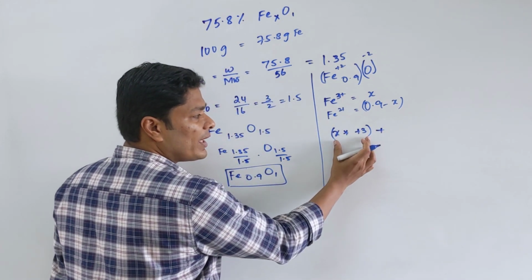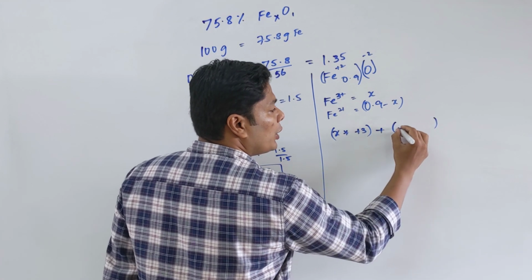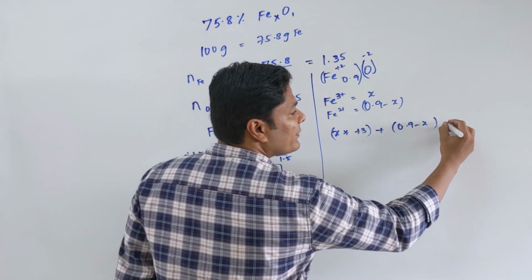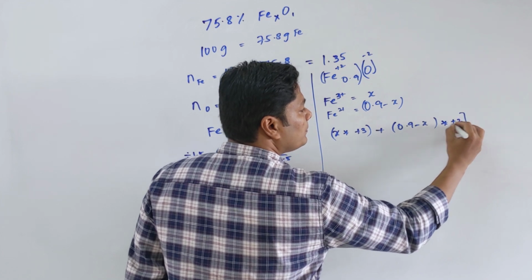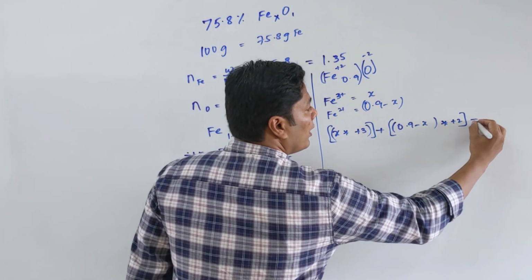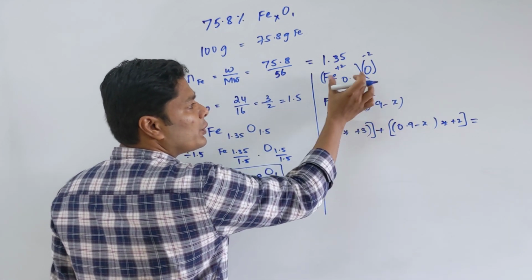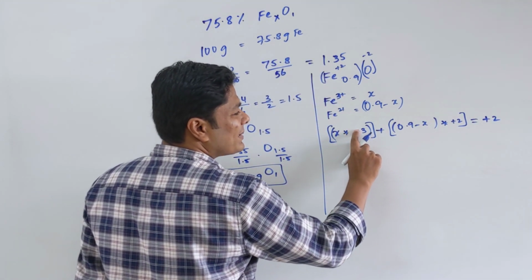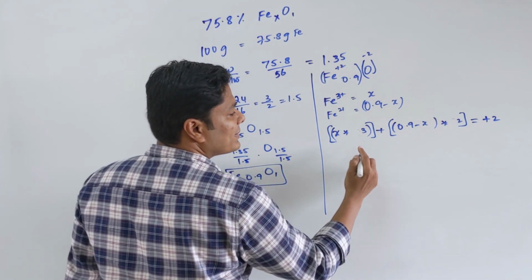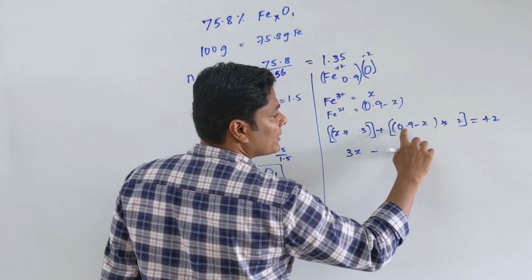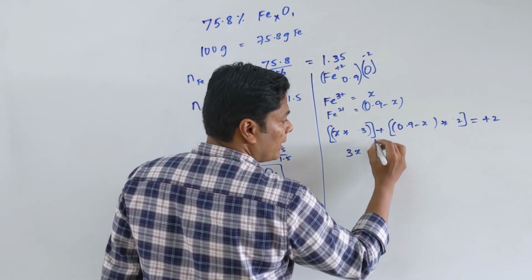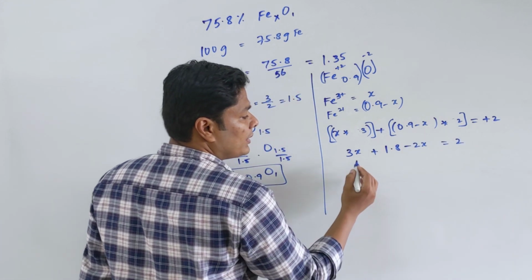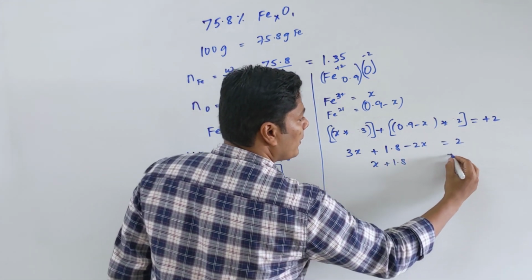So through Fe3+ how much charge do I get, through Fe2+ how much charge do I get: 0.9 minus x is the Fe2+, and each Fe2+ gives a charge of +2. Total contribution, oxygen is -2, so this gives a total of +2. So 3 times x is 3x, plus 0.9 minus x times 2 is 1.8 minus 2x, equals 2. 3x minus 2x is x, plus 1.8 equals 2.